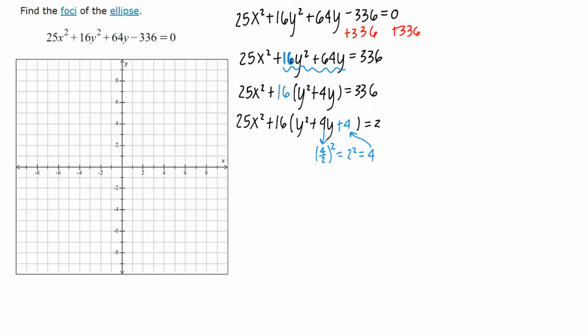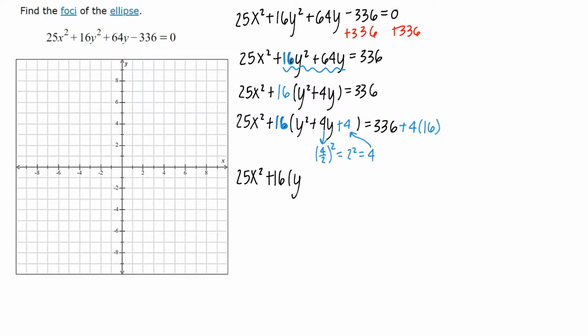And we also add it on the other side, but we have to remember to multiply by this 16, because we also have the 16 out here that gets multiplied with this 4. So 4 times 16. So 25x squared plus 16.